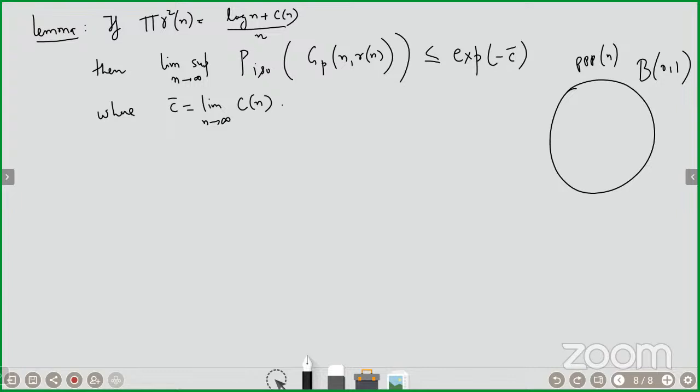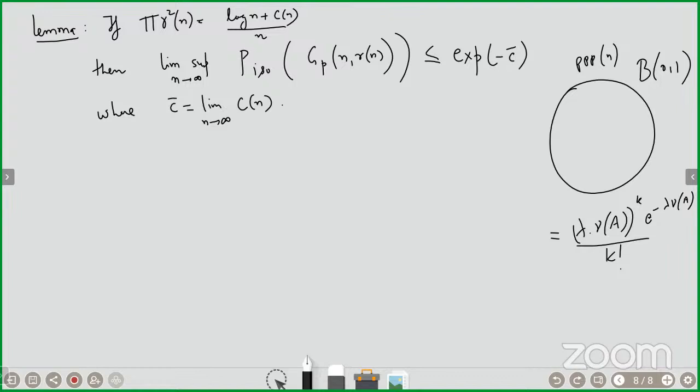That was lambda times mu of A to the power K, e to the minus lambda mu of A, divided by K factorial. Area here is 1. So the probability of finding K points is n to the power K e to the minus n by K factorial.